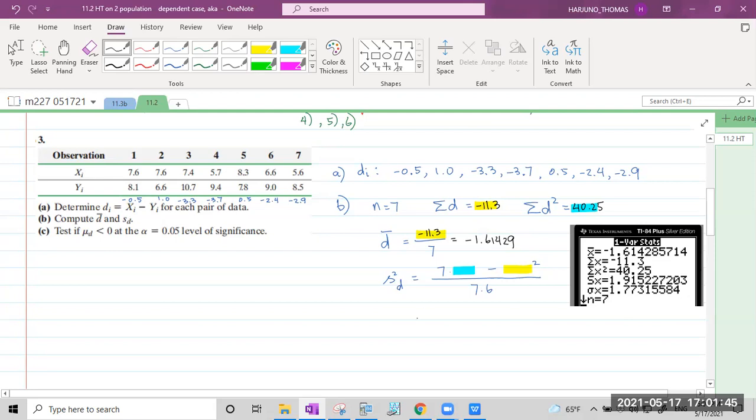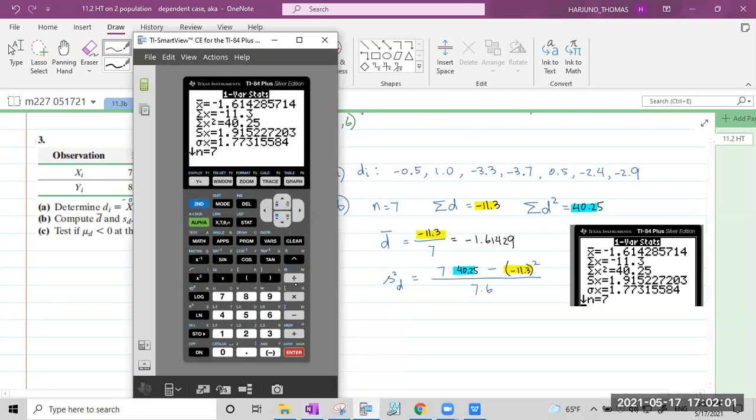Okay, the sample variance, that's 7 times 40.25 minus negative 11.3, don't forget parentheses, divided by 7 times 6. I will use the calculator to compute that. 7 times 40.25 minus 11.3 squared.